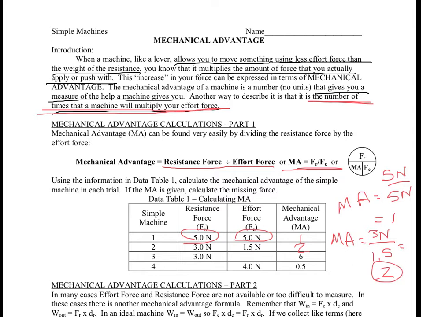Okay, on simple machine number 3, I already have the mechanical advantage, so I'm going to put in a 6 for that. And that's going to equal a resistance force of 3, and then I have to find my effort force. Again, I'm just going to solve for that variable in the bottom. So I want to get it out of the bottom first, so I'm going to multiply both sides by Fe.